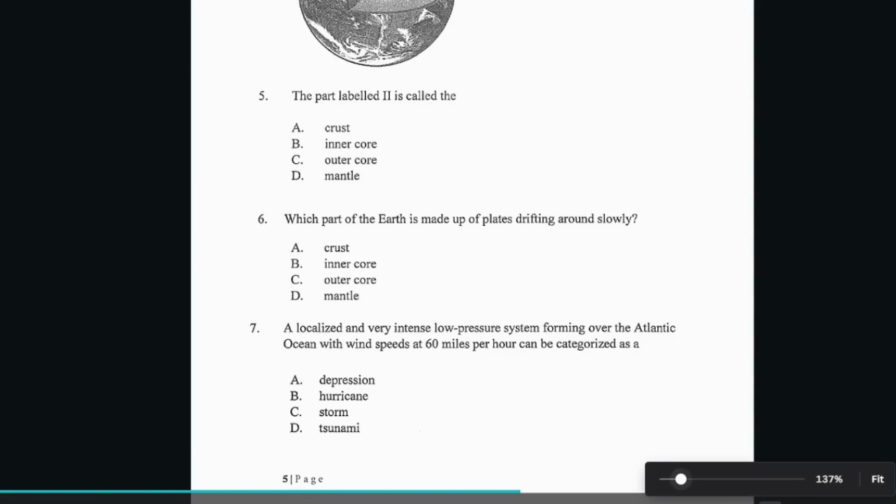A category 2 hurricane would be 96 miles per hour to 110 miles per hour. A category 3 hurricane would be 111 miles per hour to 129 miles per hour. A category 4 hurricane would be 130 miles per hour to 156 miles per hour.